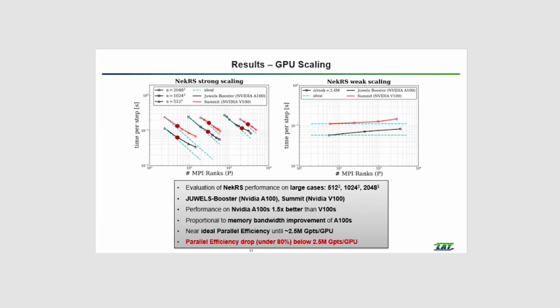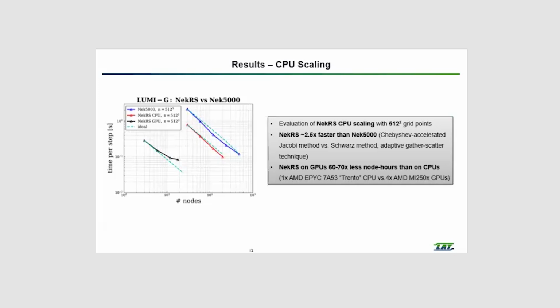And as we can see, the performance on the NVIDIA A100 is about 1.5 times better than the performance on the V100, which is proportional to the memory bandwidth improvement that the A100 have compared to the previous generation NVIDIA cards. We can also notice that we have near ideal parallel efficiency until about 2.5 million grid points per GPU, which seems to be the strong scaling limit for this case, because below that, the parallel efficiency drops under 80%.